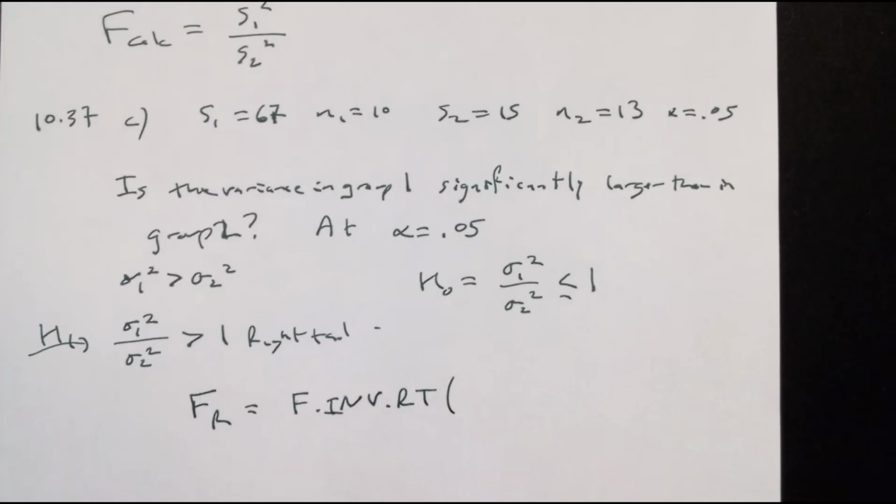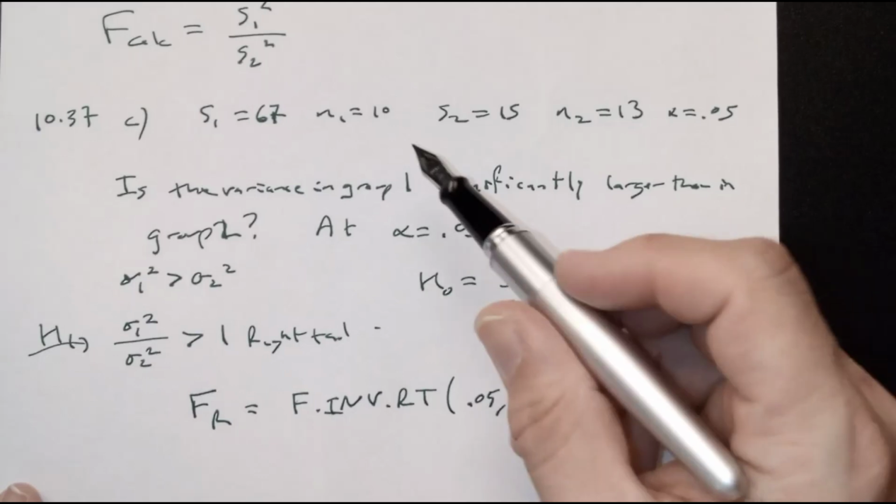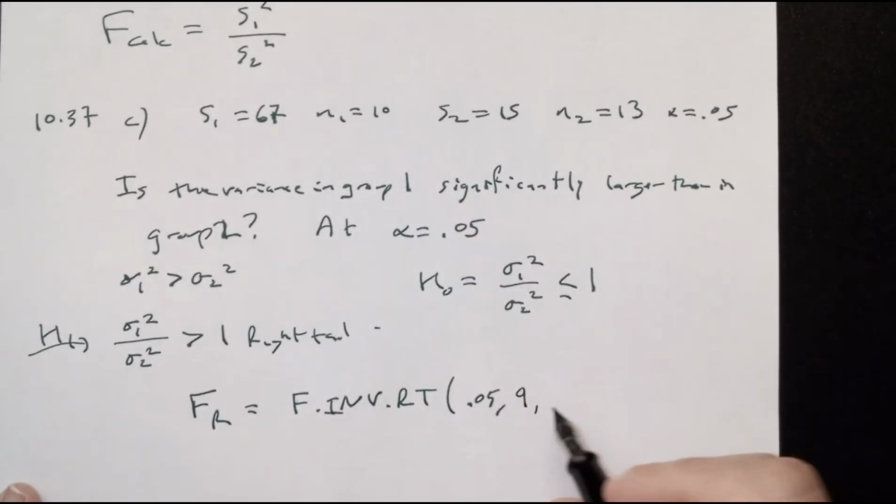Right tailed. I need alpha. I need degrees of freedom 1. What's degrees of freedom 1? It would be N1 minus 1, but N1 is right here, so 9, and degrees of freedom 2 would be 12. Calculate for me. Somebody give me a number. 2.79. Okay. 2.79.